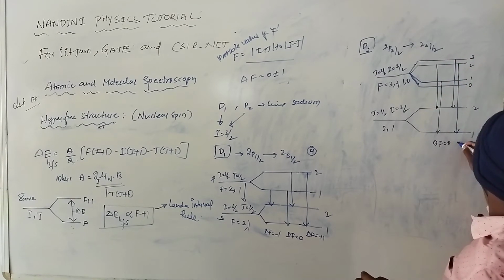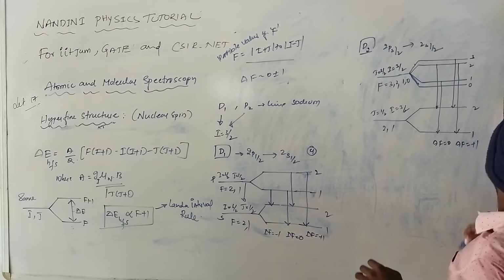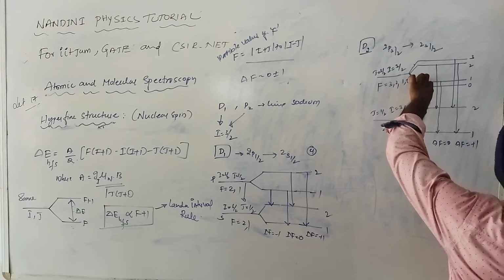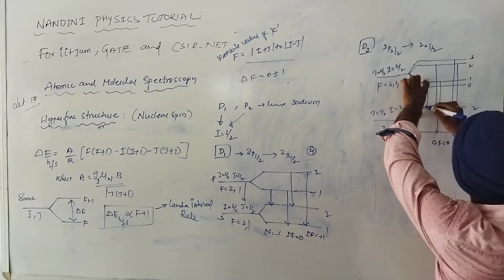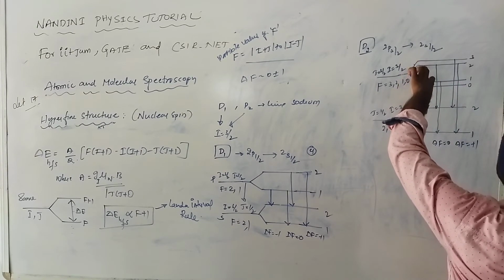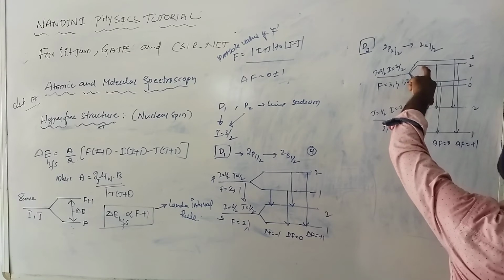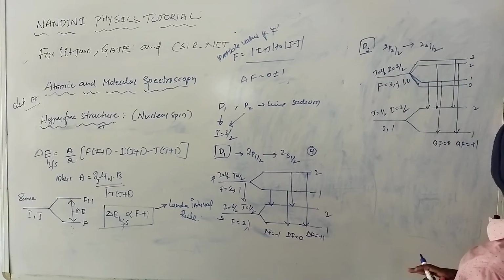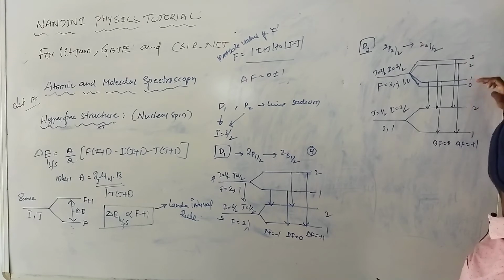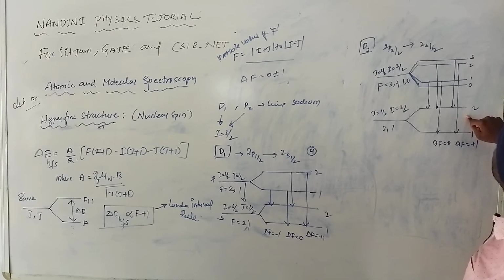Okay, you will get delta F is equal to plus 1. So when will you get minus 1? 1 to 2 is minus 1.